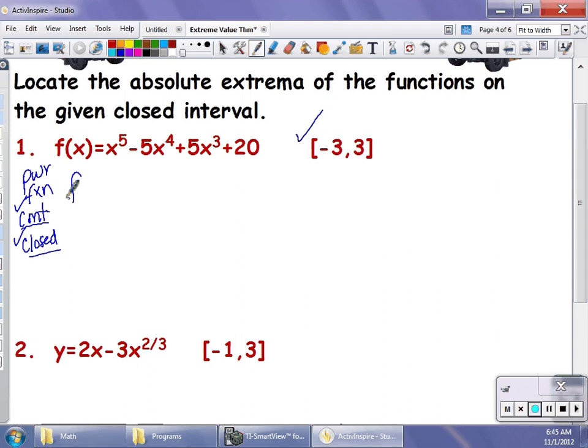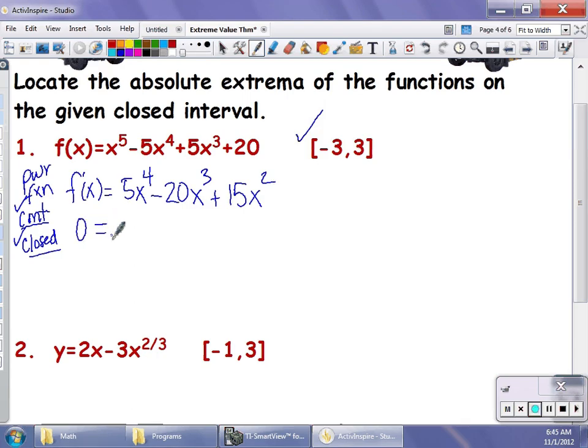The next thing we need to do is to find the first derivative of the function. So I get 5x to the fourth minus 20x cubed plus 15x squared. Let me check that. 5x to the fourth minus 20x cubed plus 15x squared. That is correct. We're going to set that equal to 0 and solve.